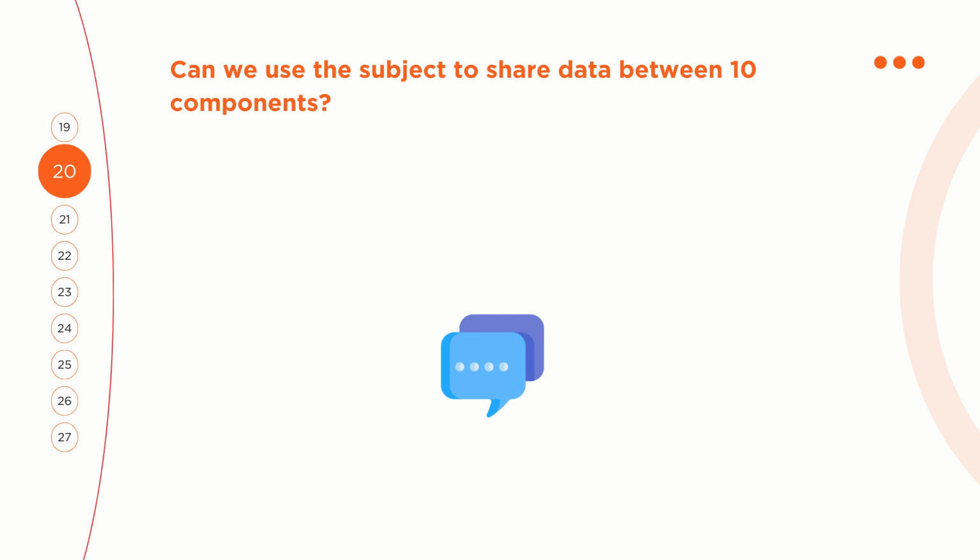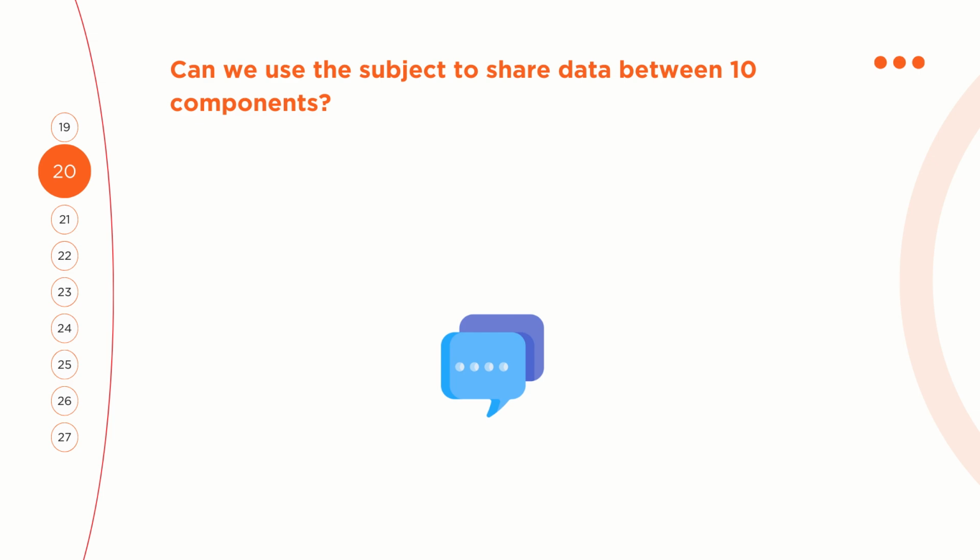Yeah, if you don't want any initial value set, the difference between both is that subject will not have the default value and behavior subject will have the default value. That's it. We can use subject as well as behavior subject. It depends upon the use case, upon how we want to use it.